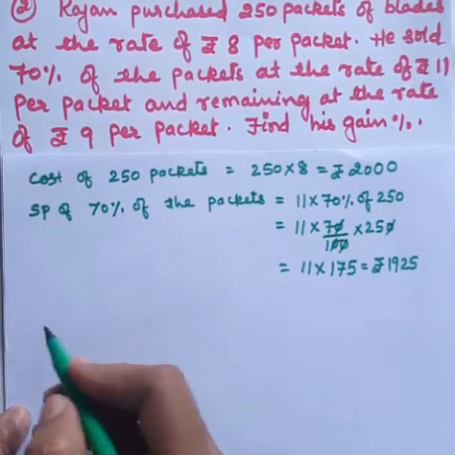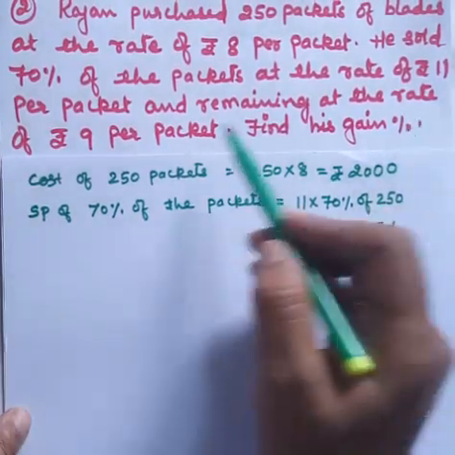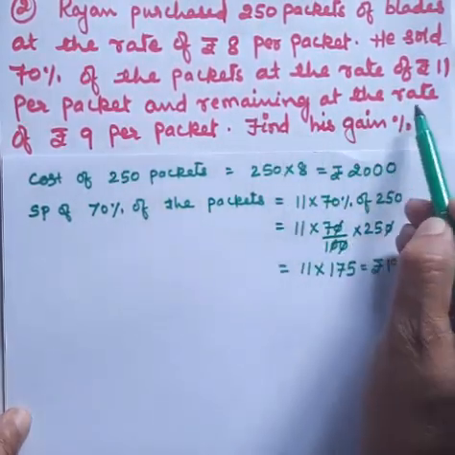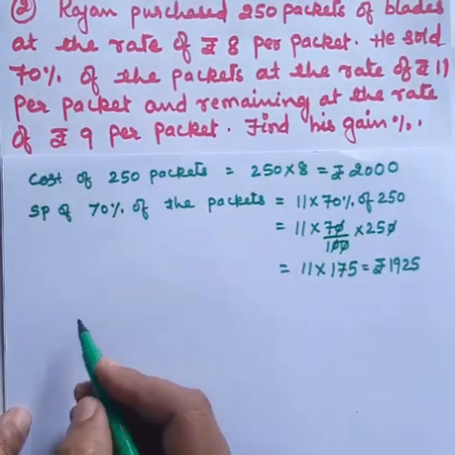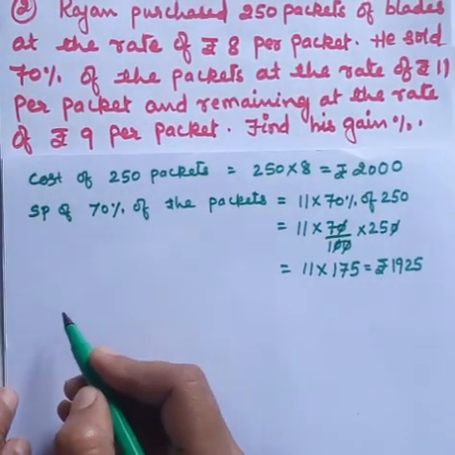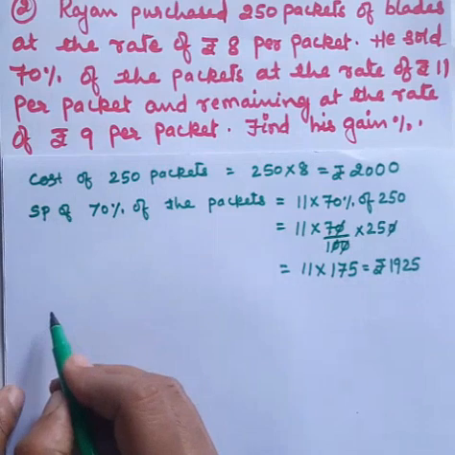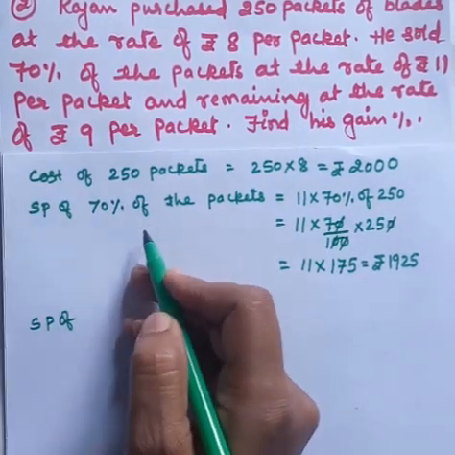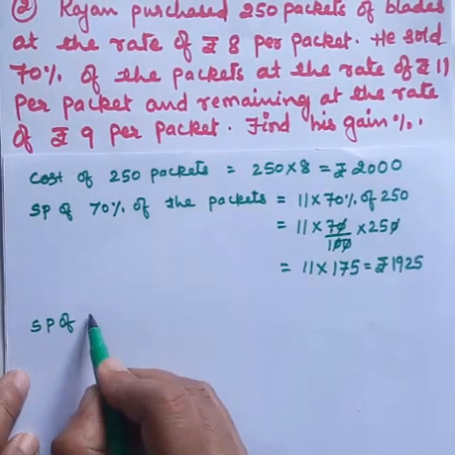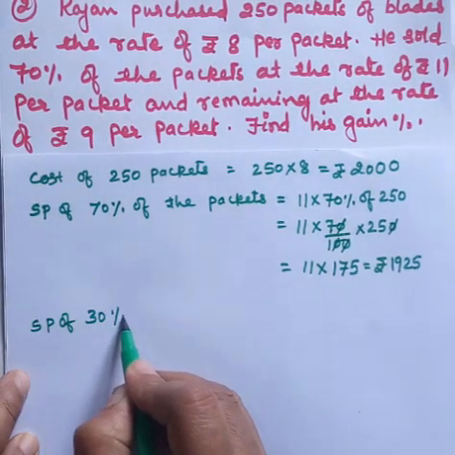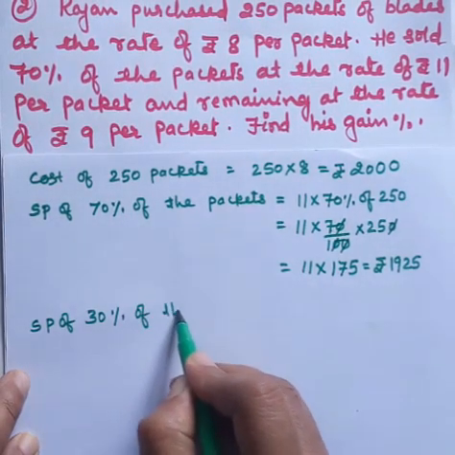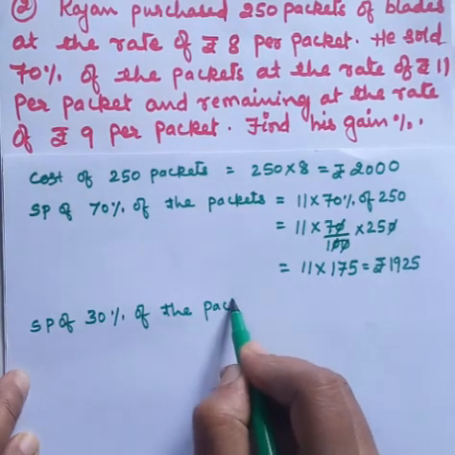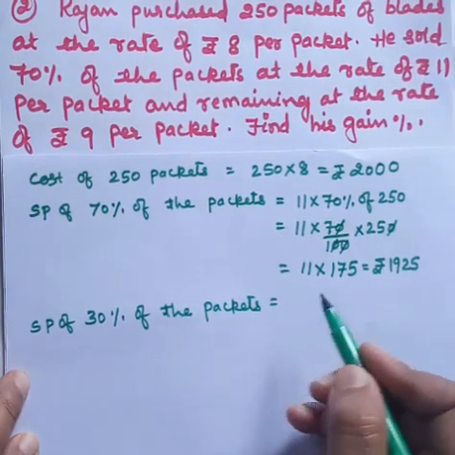Okay. Now the rest and remaining at the rate of rupees 9. The rest of the packets were sold at the cost of rupees 9 per packet. So SP of 70% already sold. Now left is 30%. So SP of 30% of the packets is equal to how much?